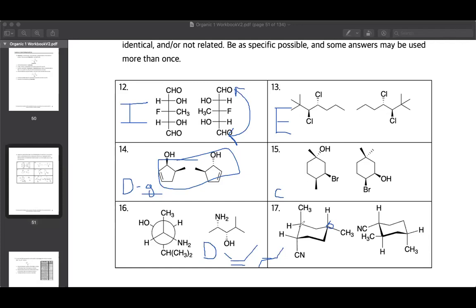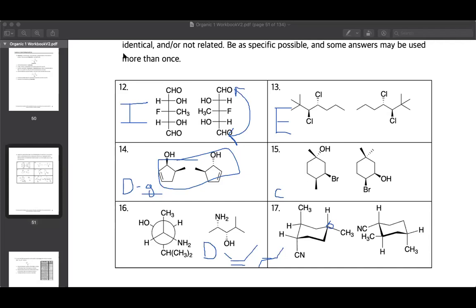Because this is the same as if I would have done it 1, 2, 3, 4. You can number it whichever way you want, and you get the same exact stereochemistry of the numbering. So these are the exact same things, except in these pictures they are conformational isomers of one another. But conformational isomers can give rise to a specific type of, does that make sense?